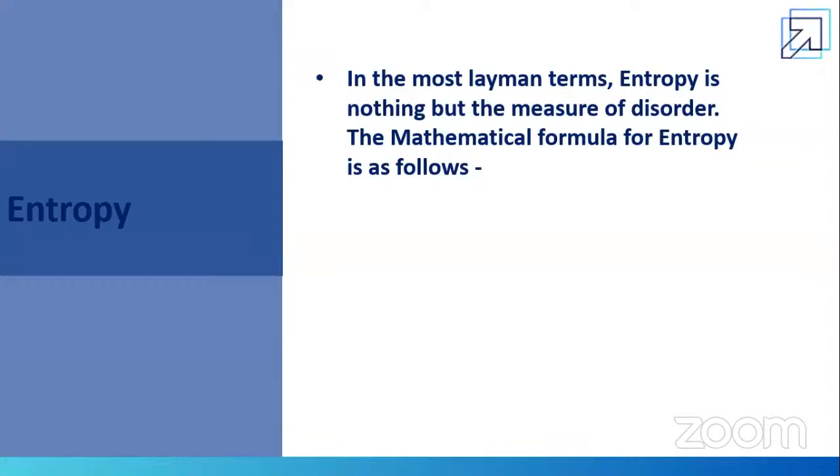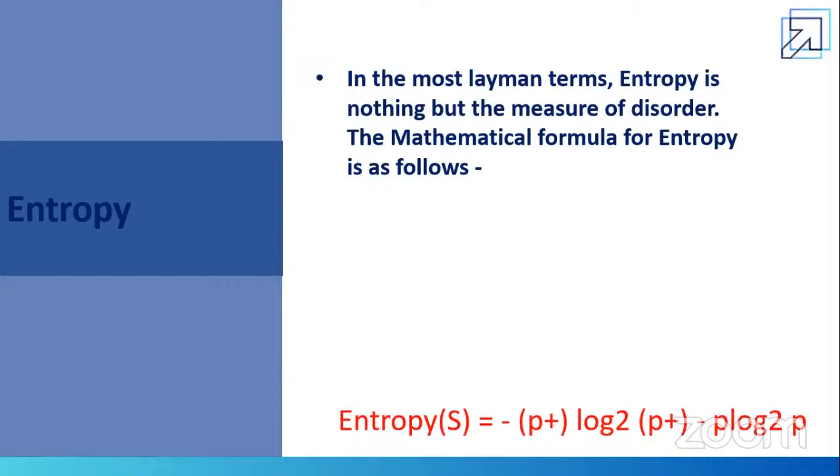That means how impure my set is. It is the measure of randomness, or disorderness, of the data.